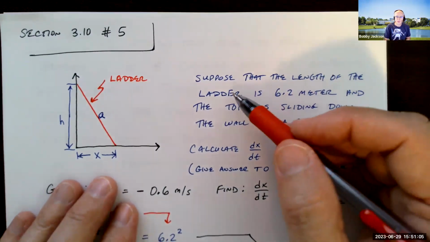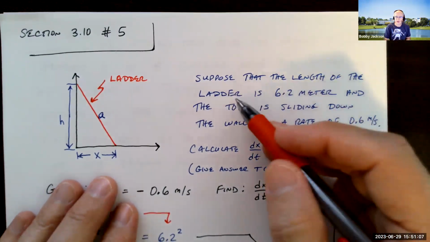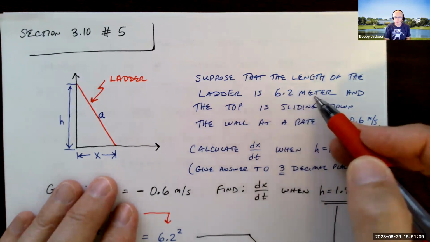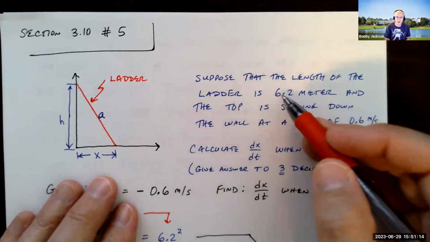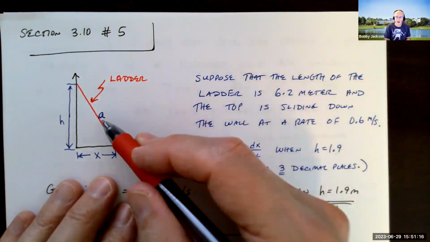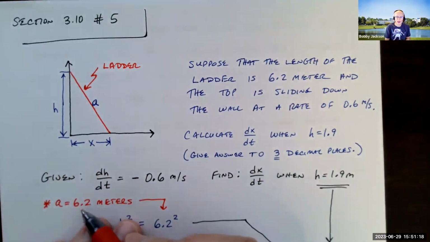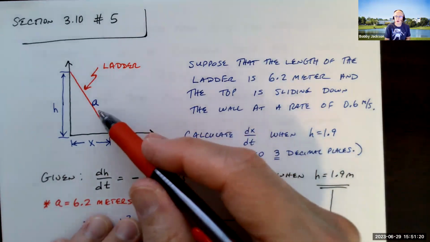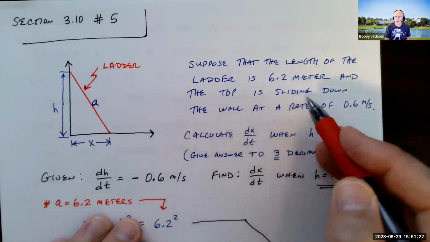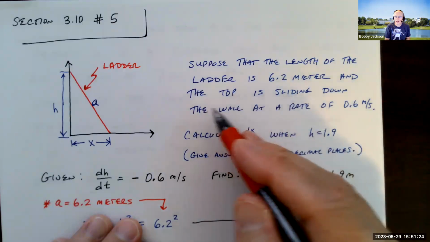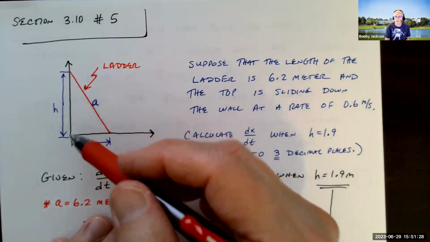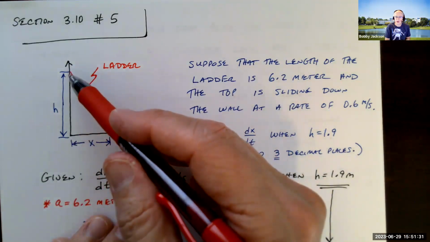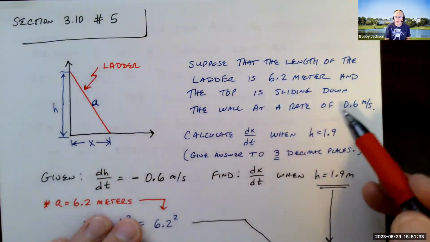Okay, so the information is: suppose the length of the ladder is 6.2 meters, and again, your number might be slightly different. That's the value of a. It's real important that the value of a is 6.2 meters in this problem. And the top of that ladder is sliding down the wall at a rate of 0.6 meters per second. So the top is moving down at that rate.